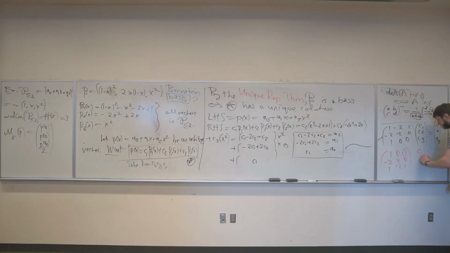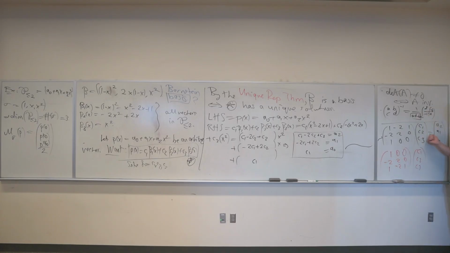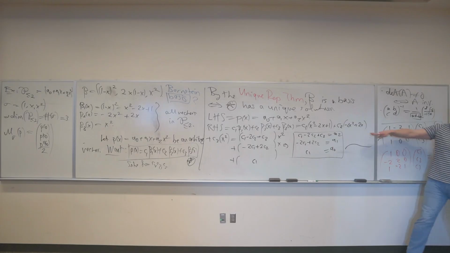This stays the same. But since a row operation corresponds to left multiplication by some elementary matrix, in order for equality to stay the same, you need to apply the same row operation here. a0, a1, a2.